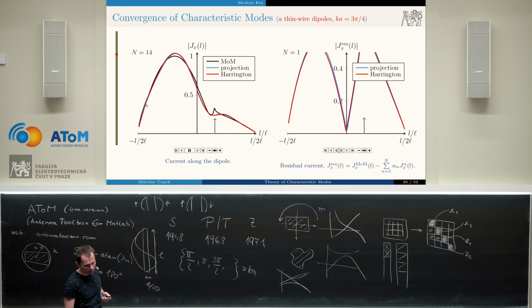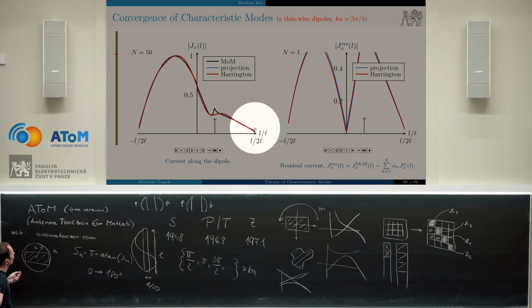And if I stop it somewhere, for example, let's use 50 modes, which is a lot for our problem, by the way. Then you realize that for the majority of the dipole, the summation is closely following the correct solution produced by the method of moments. But here, close to the delta gap feeding, it's not the case. And actually there you can realize that there is a huge error.